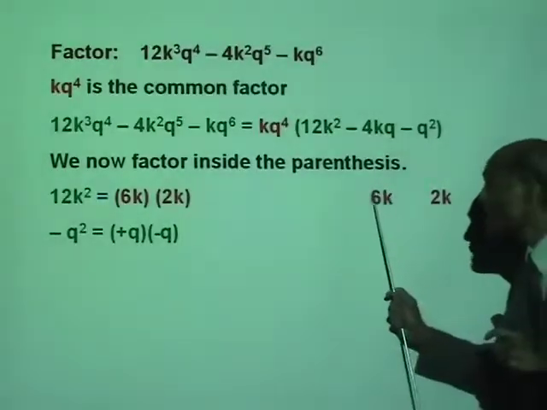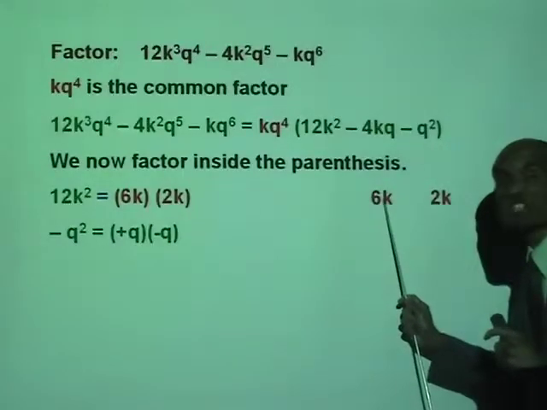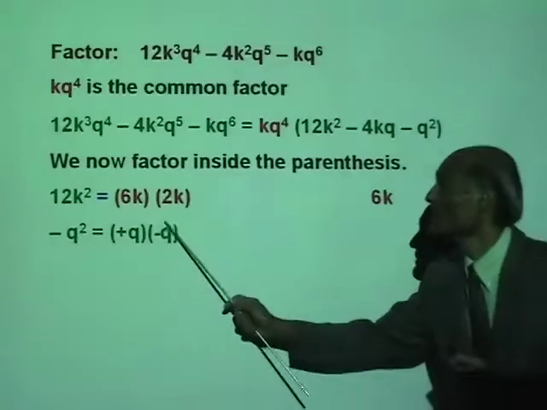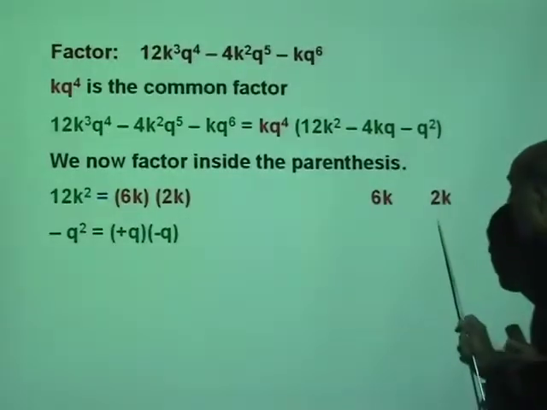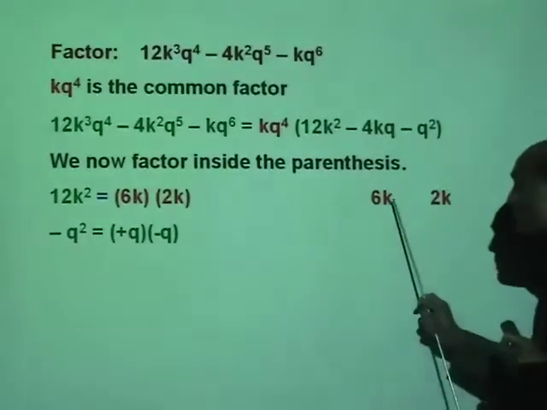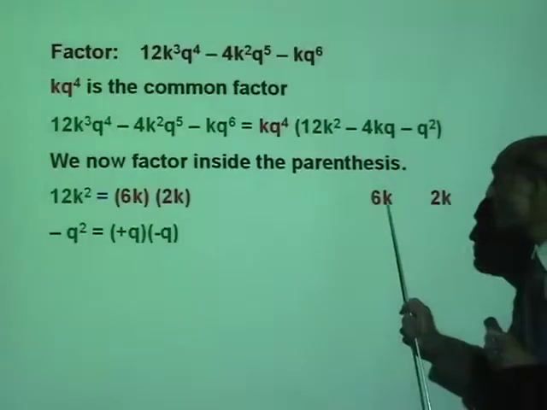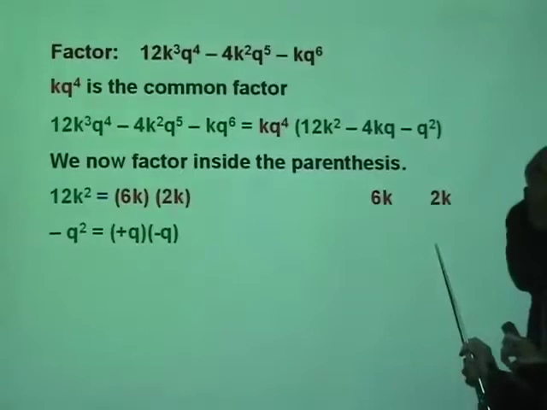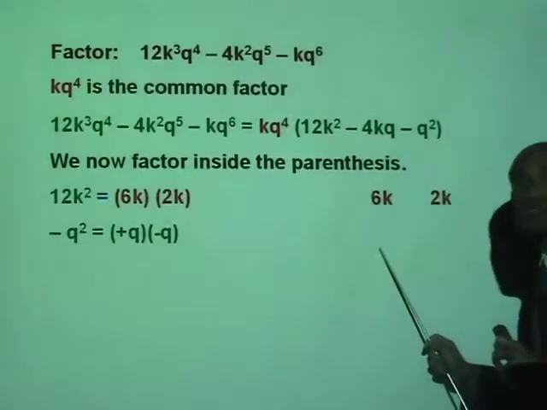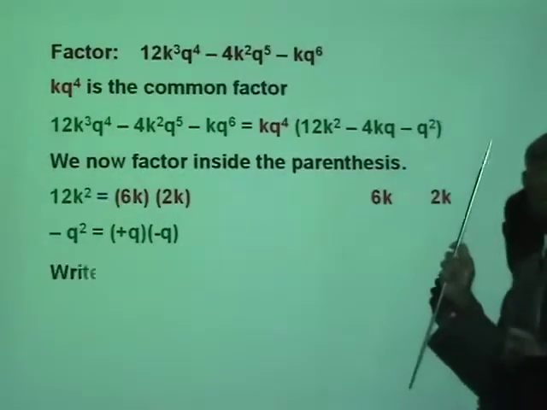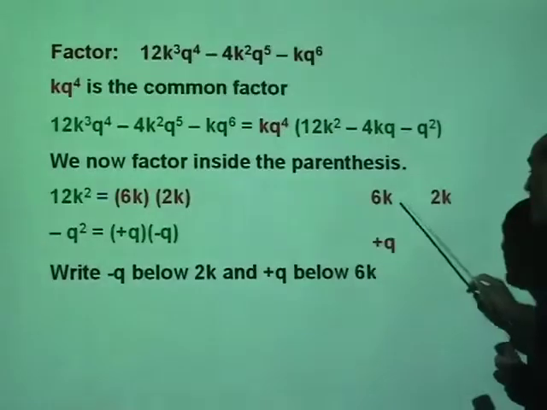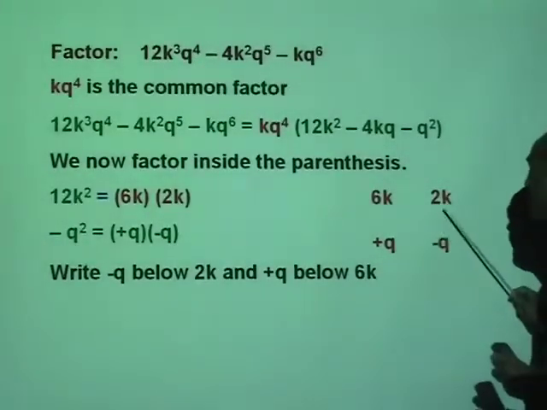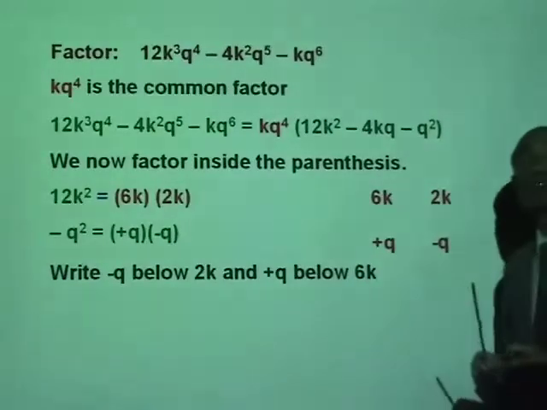So whatever is going to multiply this 6k must be negative. So I write the negative q below the 2k, so that diagonally multiplying, 6k will get multiplied by negative q and positive q will get multiplied by 2k. So we write positive q below 6k and negative q below 2k.